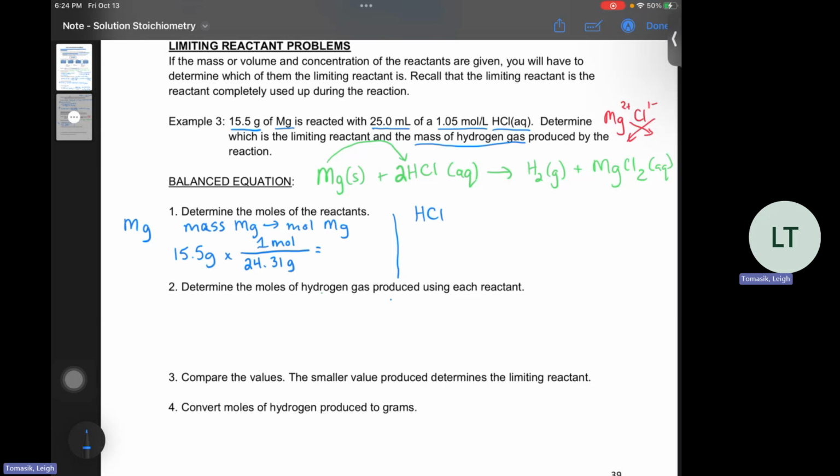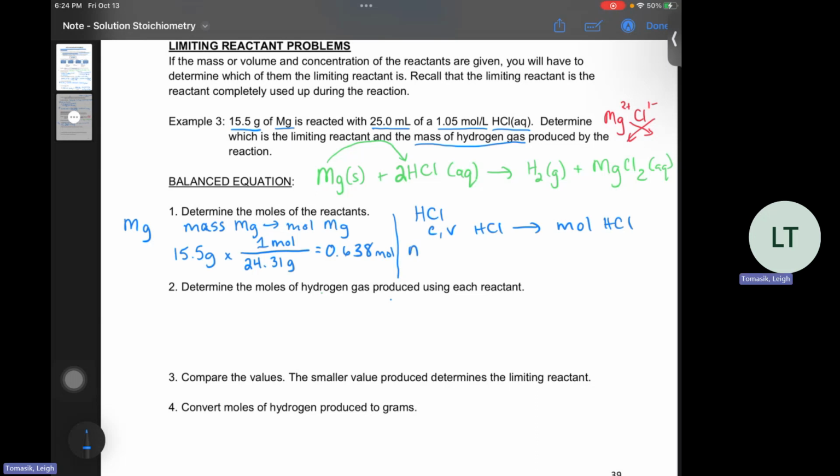So 0.638 moles. Okay, same for HCl, but HCl we're going from concentration and volume of HCl to the moles of HCl.